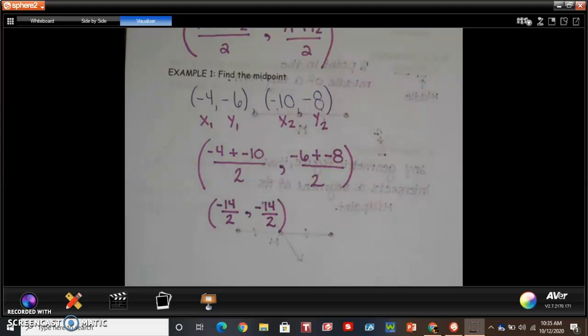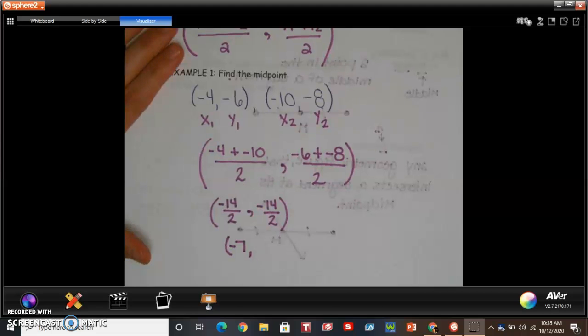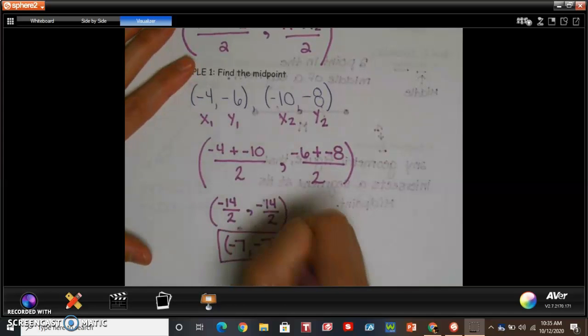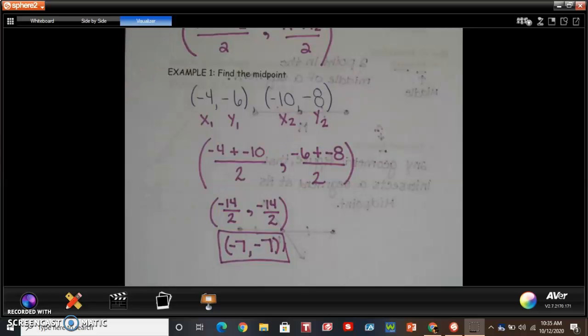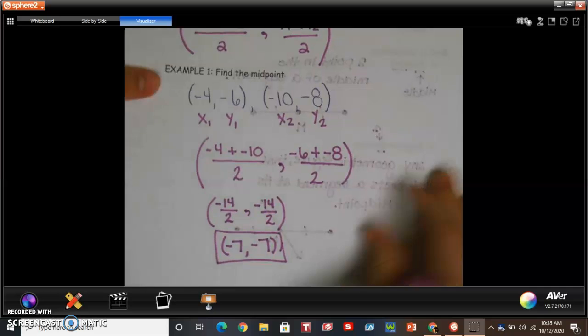All right, let's see if that can simplify. And all of your answers on the Google form will be in decimal form, not in fraction form. So we're going to take negative 14 divided by 2, and our answer is negative 7. That would be our midpoint. Okay? All right. So that's example 2, or goal 2, done.